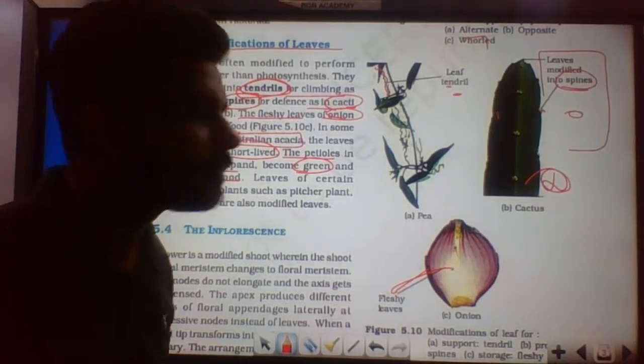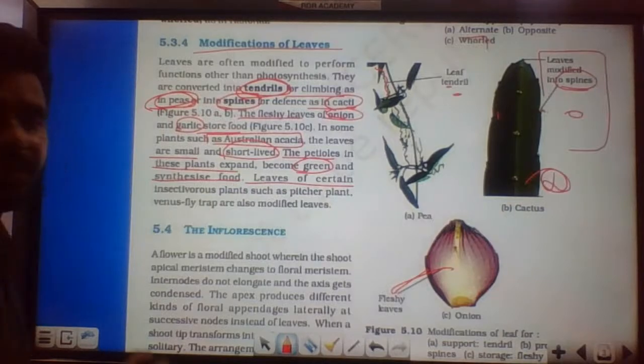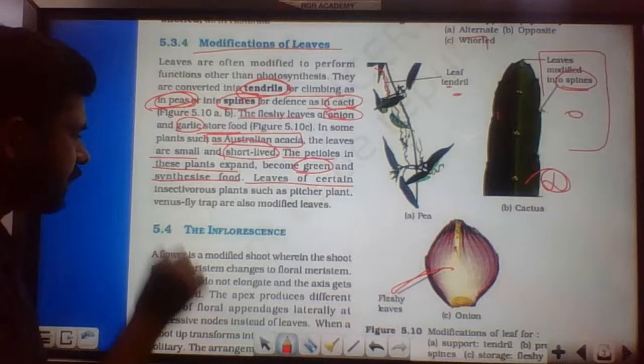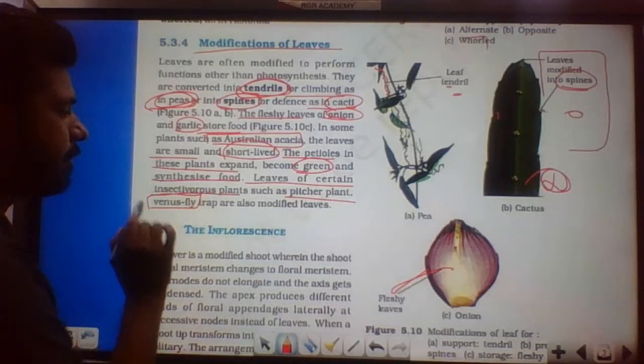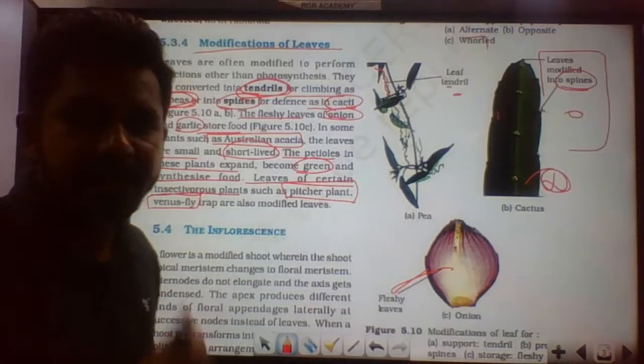Yes, Darshan. Okay, leaves of certain insectivorous plants. The next example is insectivorous plants, as in pitcher plant and Venus flytrap. In these two plants, the leaves are modified to trap insects.